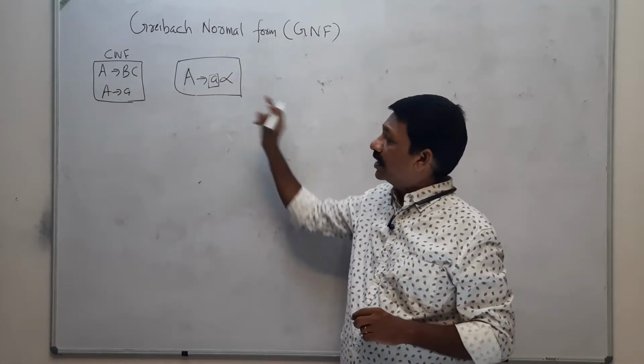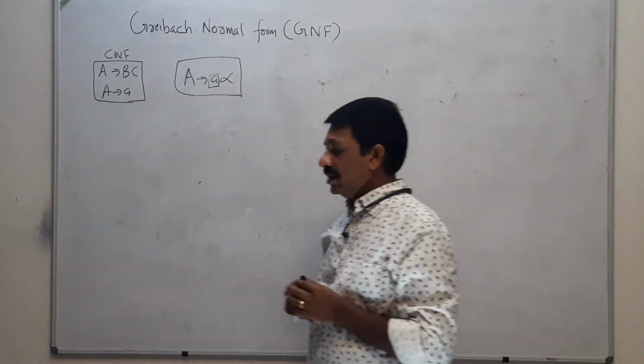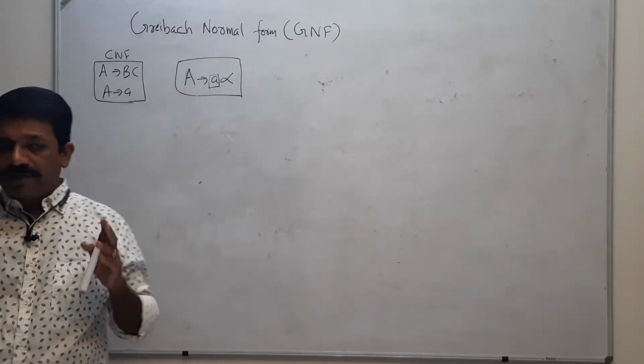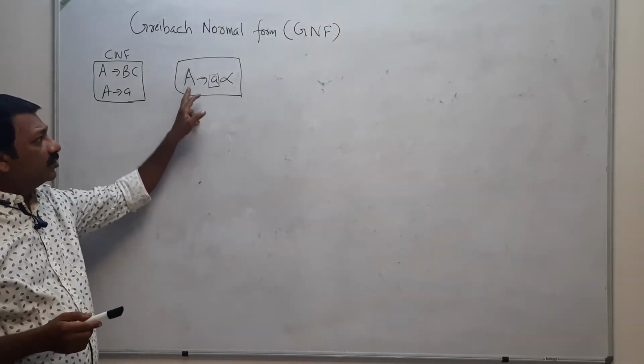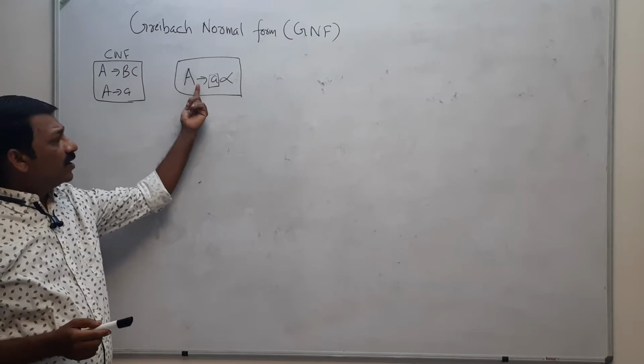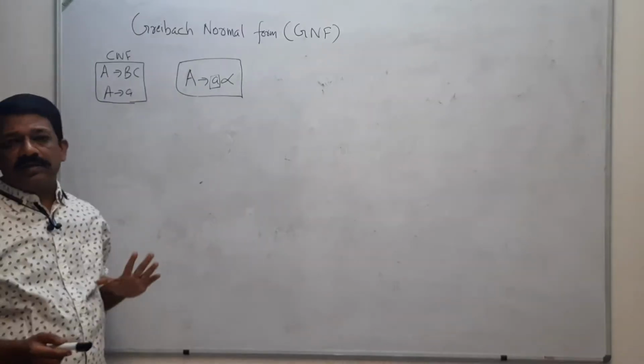That is A derives a alpha. Now, if you have a production, it has to be converted to this form. That means the first symbol on the right hand side should be a terminal.